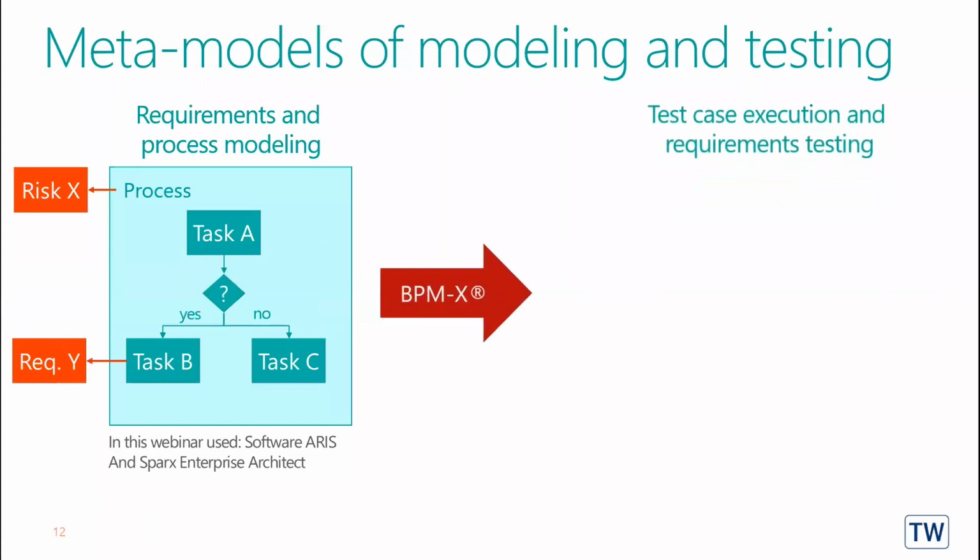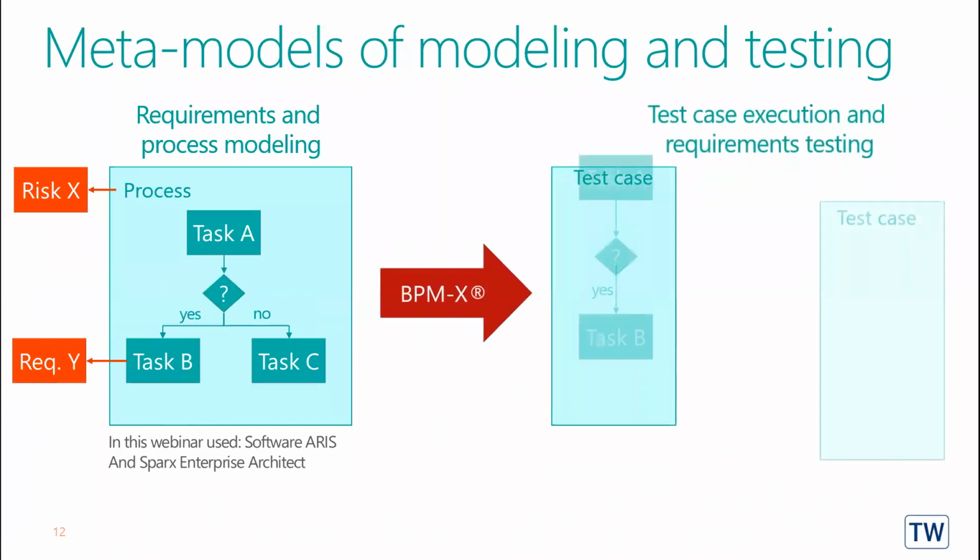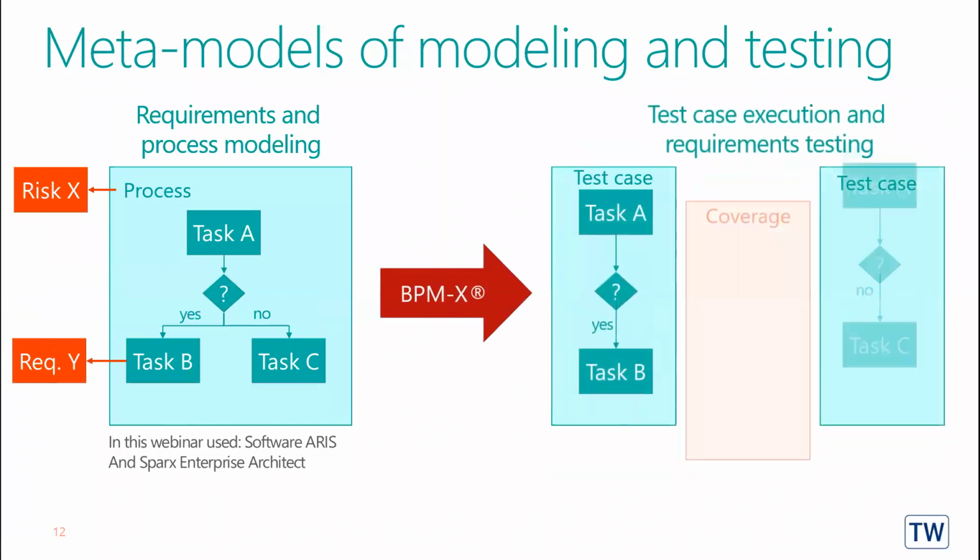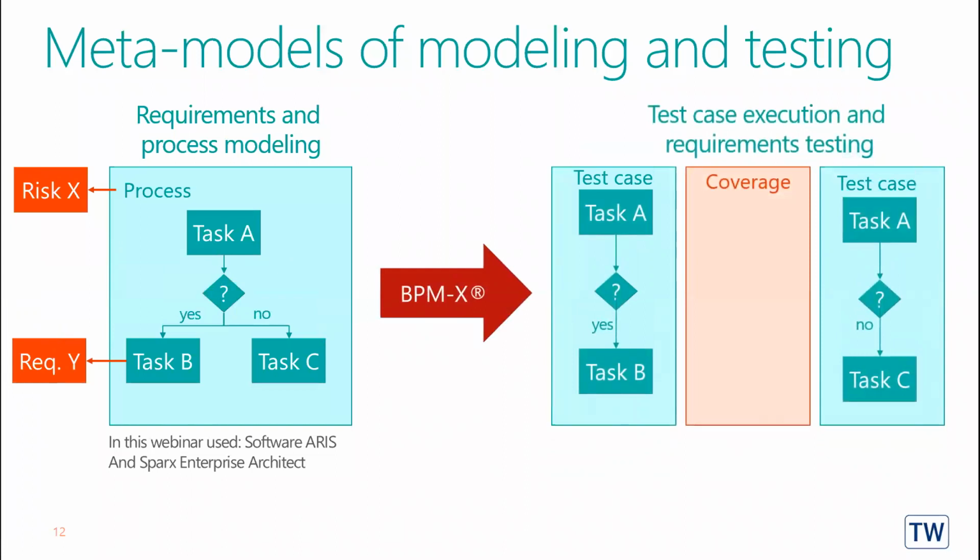And for the execution side, now we use the BPM-X, pushing the data into HP ALM. The test case, there's a path. There's one path for the positive and one path for the no path. And the coverage is created automatically by assigning on process level, and this for the test case. And here the requirement for the test case A again.